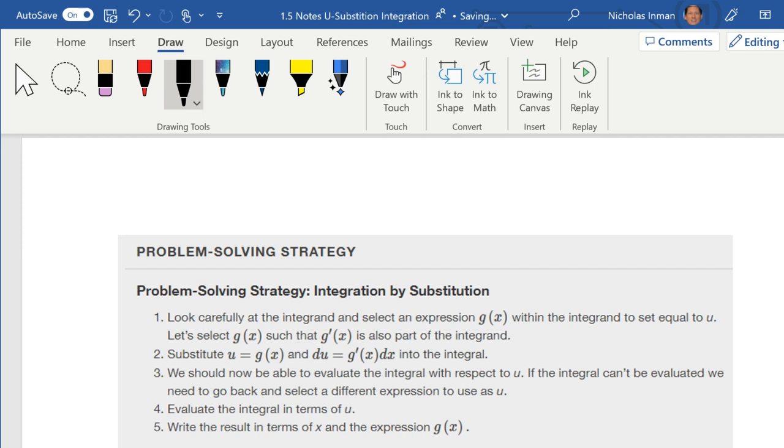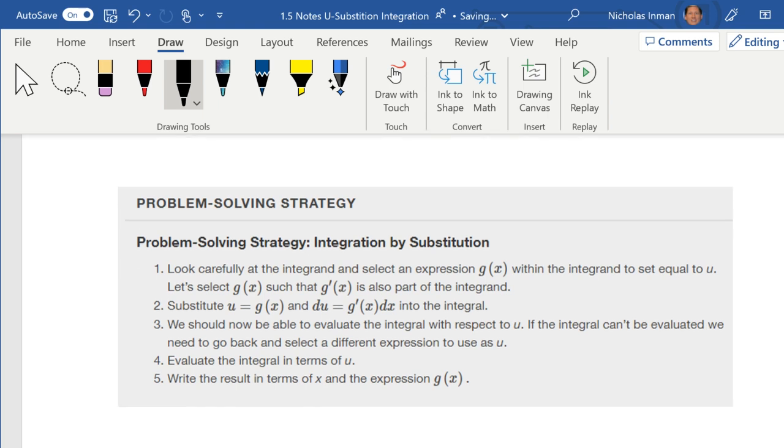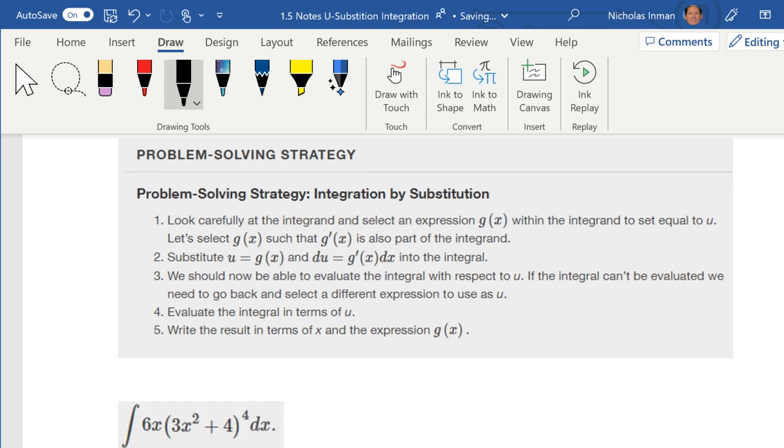Look for some function inside of something else that we can make equal to u. Take the derivative of that u and then figure out what we can do. Sometimes we might have to move some things around in our derivative of u, and we can kind of play with some stuff to make this all work out really nice. Hopefully you can reduce this down to something that you can evaluate an integral of in terms of u, and then you replace back. Okay?